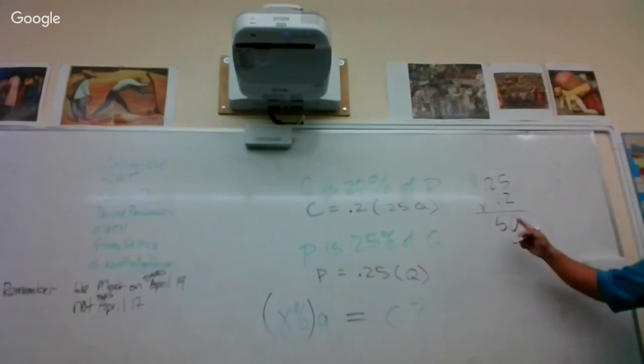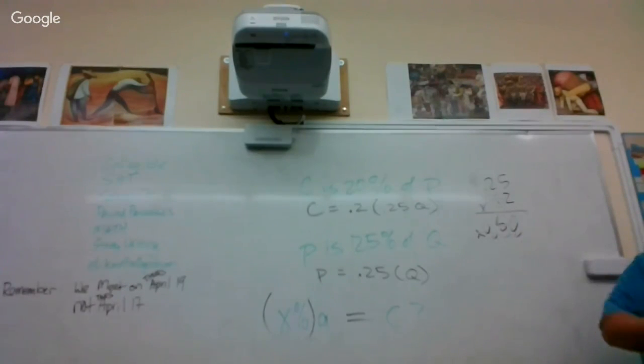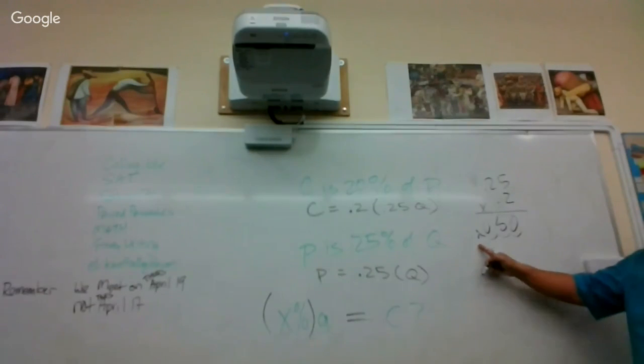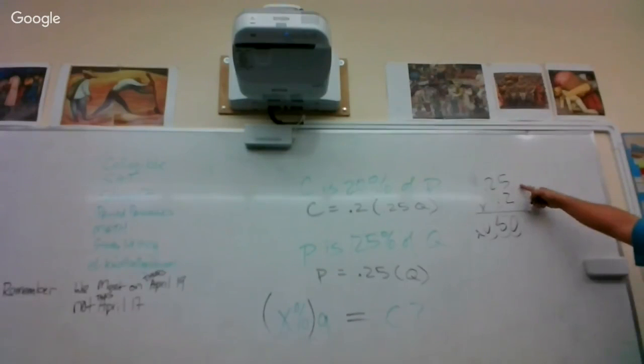How many places? Three. You did say 3 places, but you didn't know what to do with it, right? So you move 1, 2, 3.